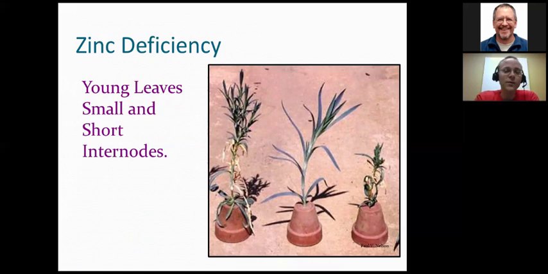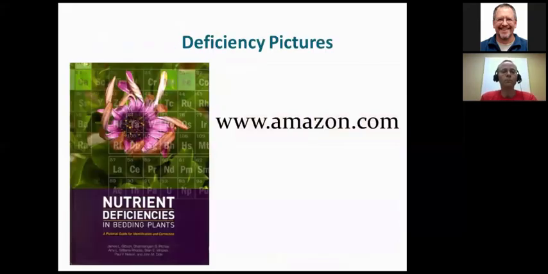And the plant on the far left, that's also zinc deficient, and we're losing some of those leaves in the middle. The plant in the middle is a control plant. Zinc deficiency is not something that we commonly see in ornamentals. I want to make you aware of it, but it's a little bit more rare.